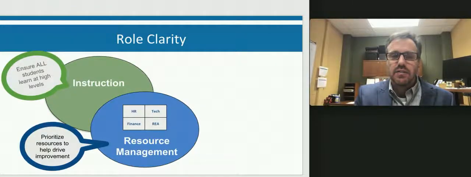At the district level, this would be these four departments, and at the building level, this is primarily the principal and front office staff. Sites don't normally have resource management meetings. The goal of resource management at the district level and at sites is to prioritize resources to meet the district's strategic directions and to help drive improvement.